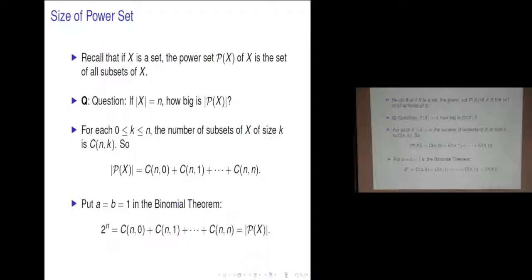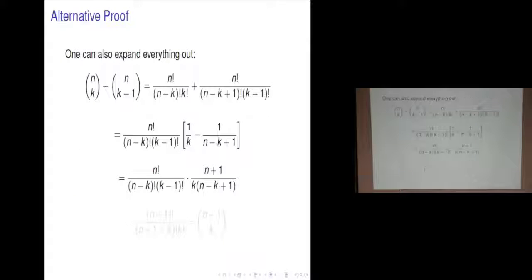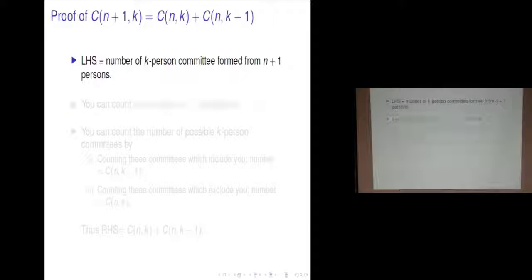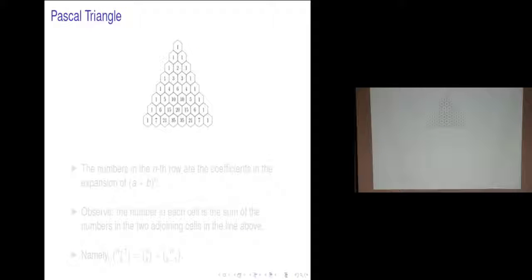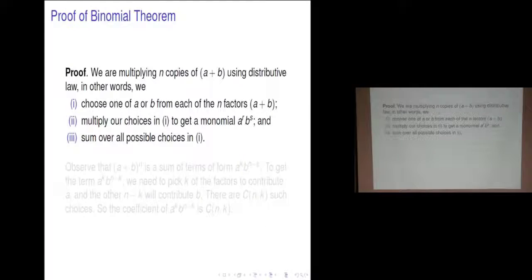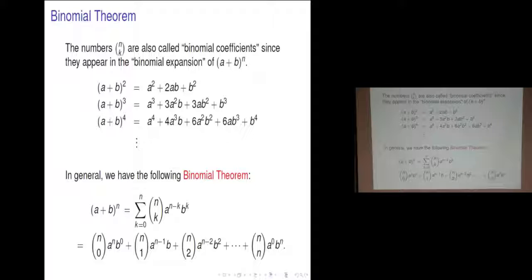If in the binomial theorem you put a equal b equal 1, where is the binomial theorem? Here. If you put a equal b equal 1, this side will give you 2 to the n. Now look at the bottom line. a equal b equal 1 means I don't need to look at a and b anymore.